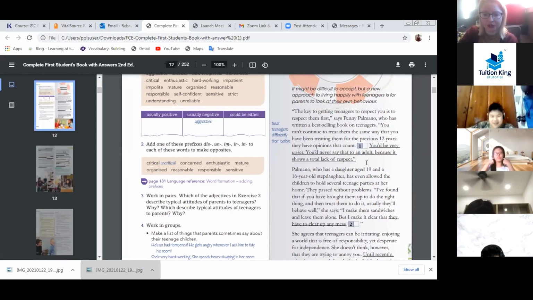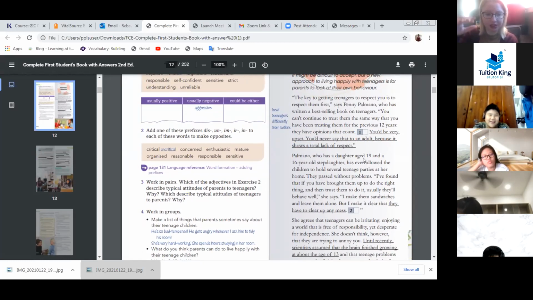"You'd never say that to an adult because it shows a total lack of respect." So you know that you're looking for a sentence within the selection that describes an act that would make someone upset and that is disrespectful. So this is why you have certain sentences in this text underlined. It's to help you to try to determine which sentence it is that's missing.